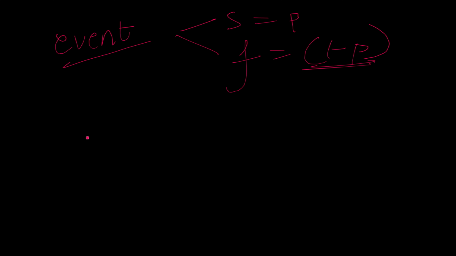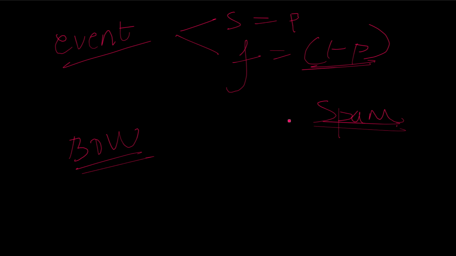Again, if you go back to the example of our bag of words based model, in which we do not count the frequency but say whether that word is there in the document or not, this actually makes it a Bernoulli distribution. So for example, you are making a spam filter.